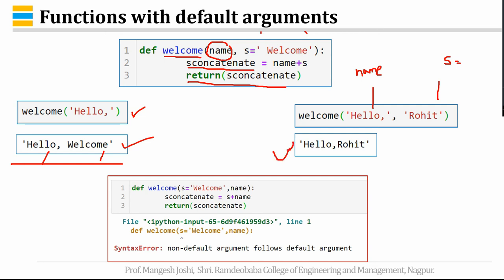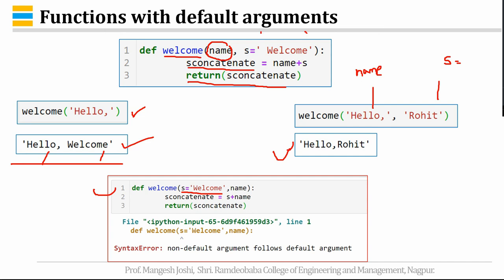Now in the third case, I have used the default argument first, that is s equal to welcome, comma name, and the remaining code is the same.